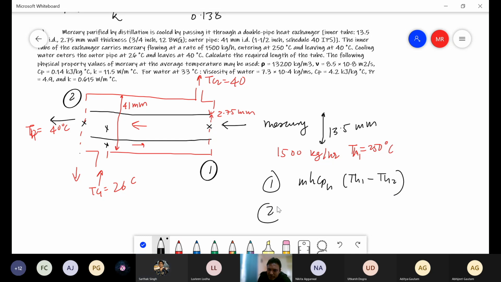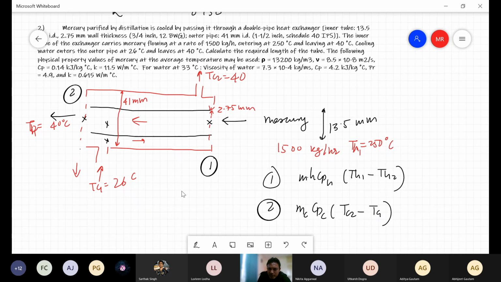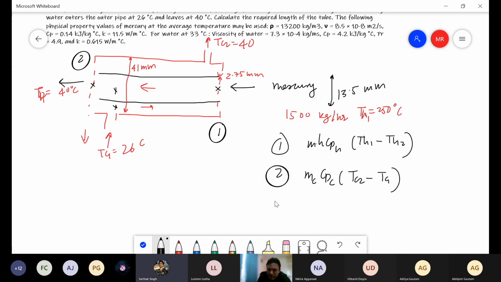The second factor will be m_c Cp_c (T_c2 minus T_c1). Yes or no? And the third factor will be U A delta T LMTD. All three are going to give you Q only.